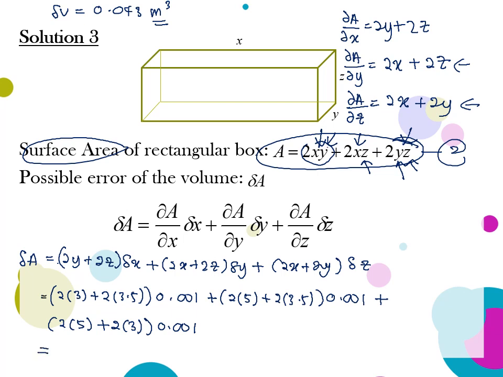Okay, apply that to your calculator. That will give you the answer equivalent to 0.046 and the unit is meters square. So that is the increment for the area.